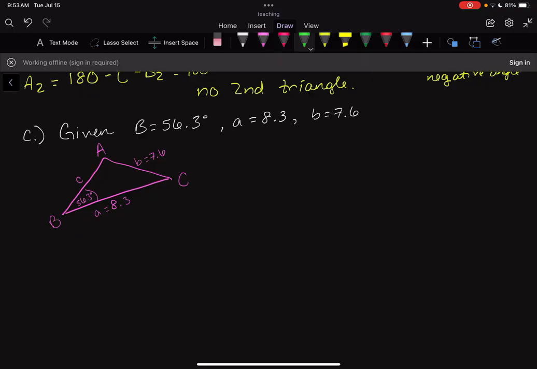I always like to just start with my first triangle first. So if I look through this, I have a fully developed ratio of B. I have side A, so I can find angle A. So for this one, my first step is to find angle A. So let's see. I have sine A over A is equal to sine B over B. And I'm just going to solve all this out fairly quickly.